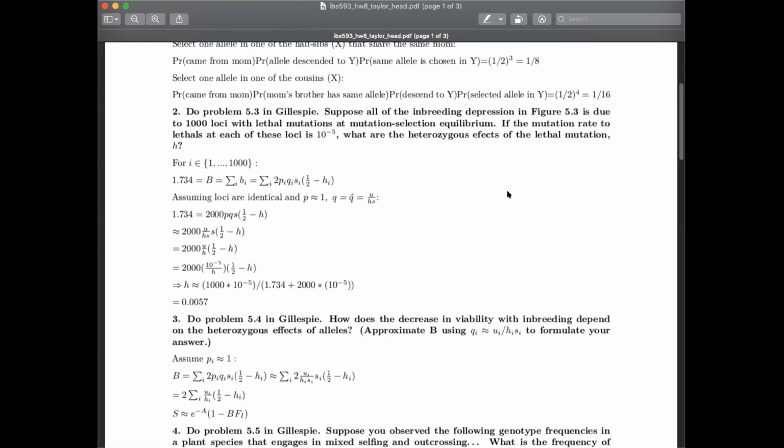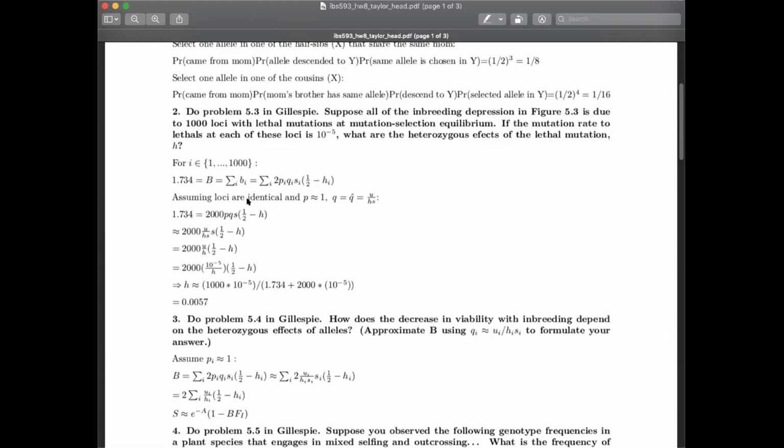So we're given a formula in the book where we can represent B, which is solved for in that figure as 1.734. Since we're dealing with 1,000 loci here, it's the summation of little b_i from 1 to 1,000, and that can be written as 2 p_i q_i s_i times (1/2 minus h_i).